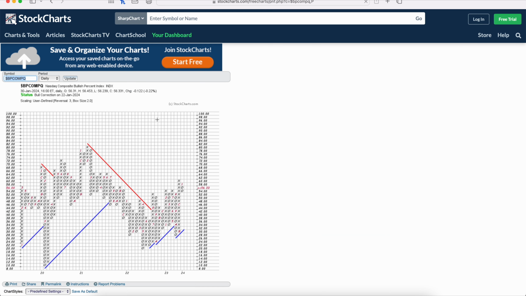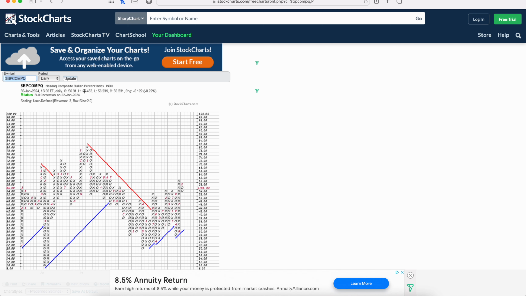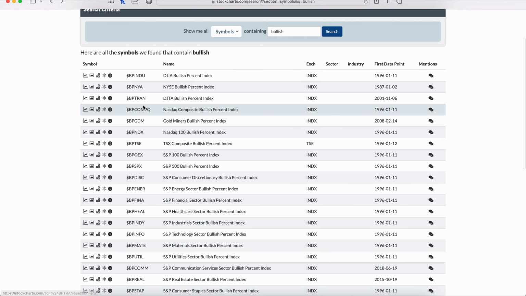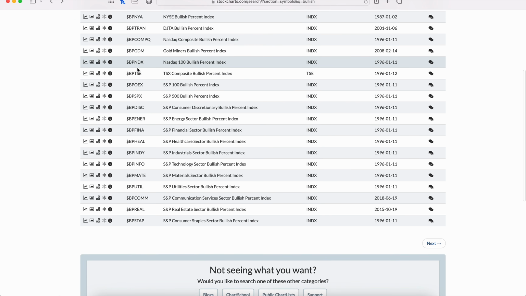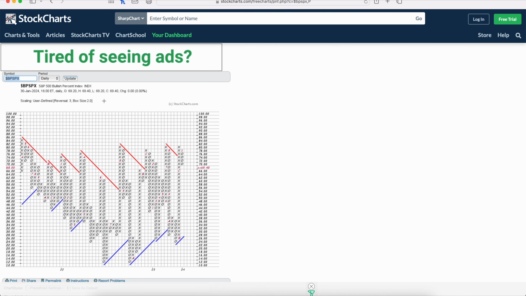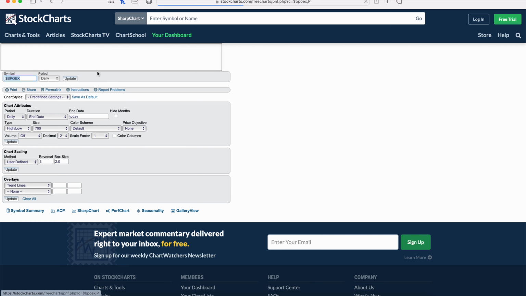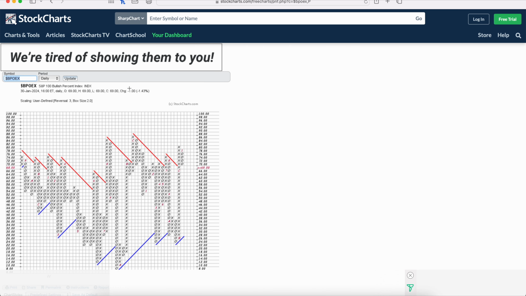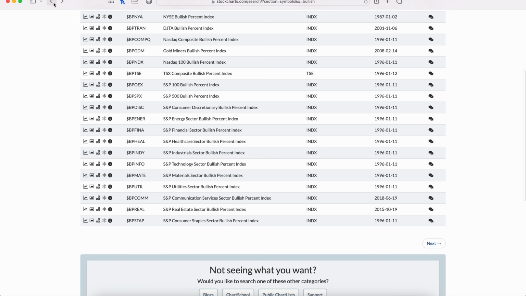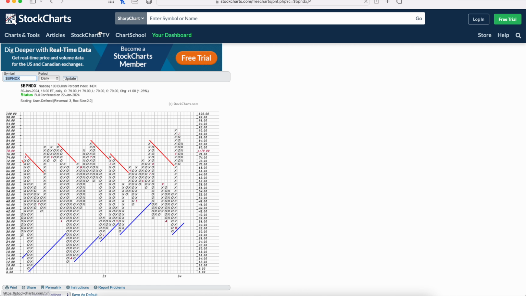The NASDAQ, minus 0.22%, which is basically flat. The SPX didn't move. The OEX, minus 1.43%. And the NDX, up 1.28%.